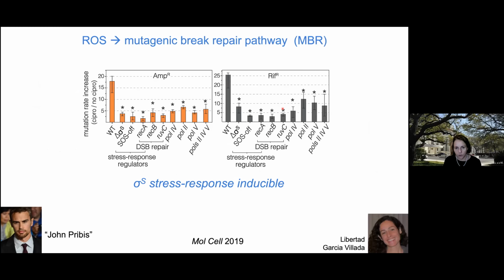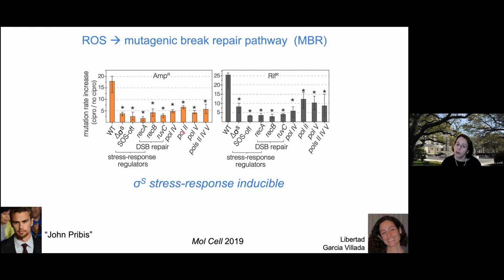John did this very extensive series of experiments looking at the proteins that we already knew were functioning in starvation stress-induced mutagenesis. And he showed that it's an identical pathway as far as protein requirements go. It requires the stress response regulators for SOS and the general stress response, the proteins that do double-strand break repair.